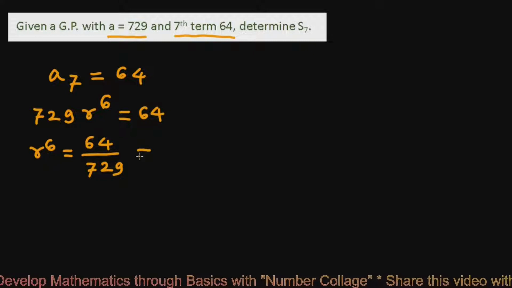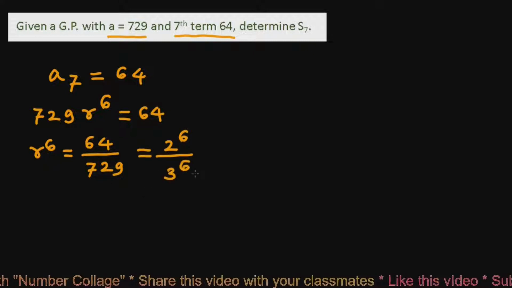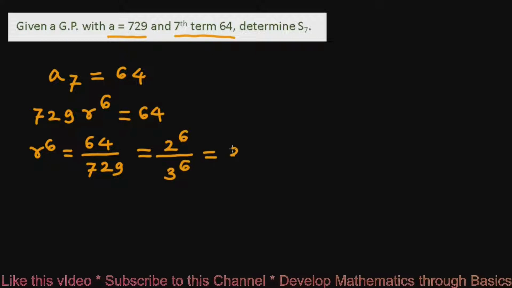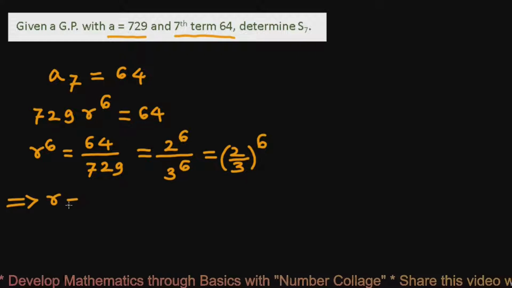Now 64 is 2 power 6 and 729 is 3 power 6. So that will be 2 by 3 power 6. Now that implies r equals 2 by 3.